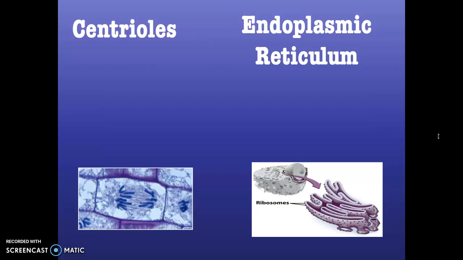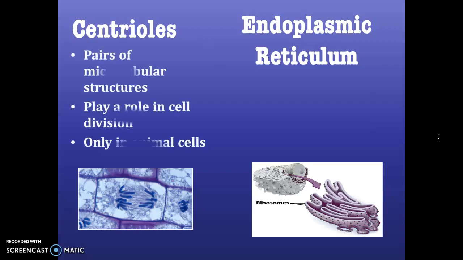I had previously mentioned the centrioles when I talked about differences in plant and animal cells. So with that said, remember that centrioles are found only in animal cells, not in plant cells, and I told you that they play a very key role in cell division. You can see in the picture below, what you see are chromosomes being pulled apart, and then that cell will divide.